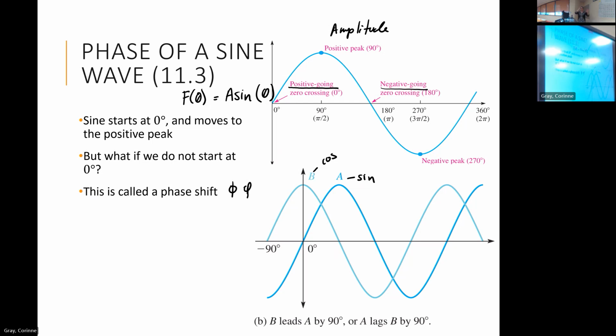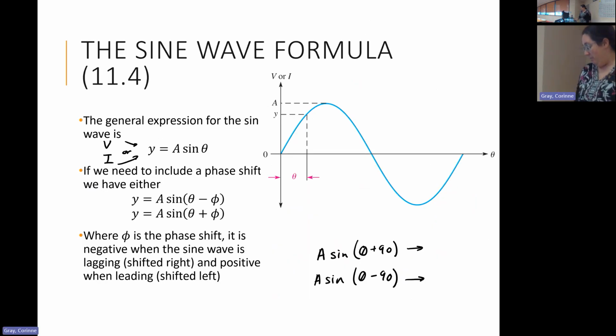If we focus on B leads A by 90 degrees, B is shifted. So B is the leader. A is the lagging one. Lagging is when I use the negative, and leading would be B in comparison to that example.